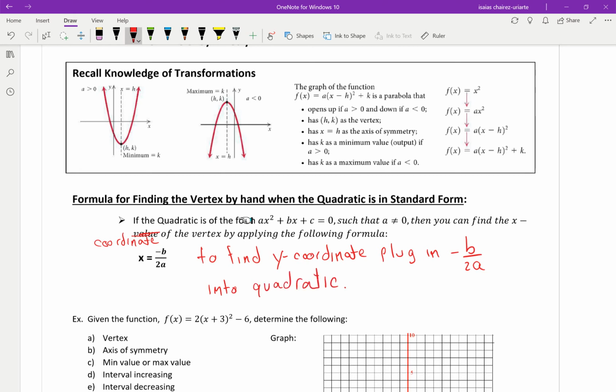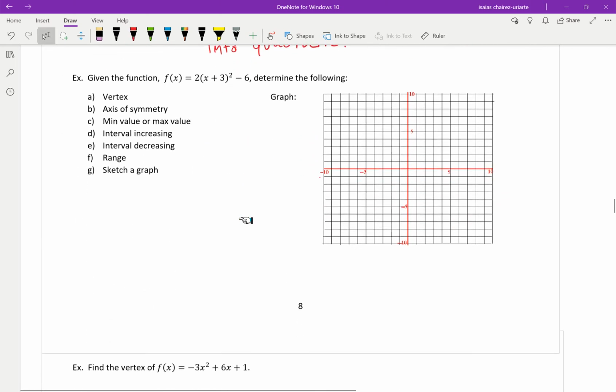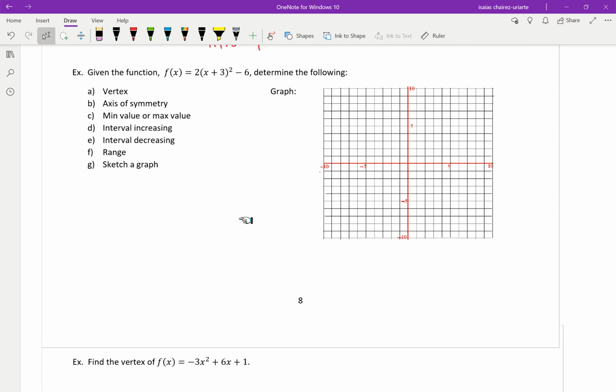Okay, so let's get into some exercises here. You were given a quadratic function. This one is already in vertex form, and you're going to have to do a few things.